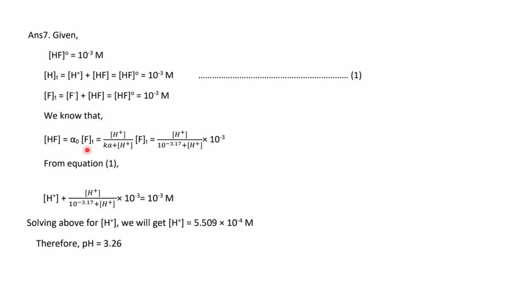How do we write HF as ionization fraction? Alpha naught HF is equal to alpha naught multiplied by total fluoride, which is equal to H plus upon Ka plus H plus, times F total. So putting this in equation 1, we will get H plus upon 10 raised to power minus 3.17 plus H plus, into 10 raised to power minus 3, is equal to 10 raised to power minus 3 molar.